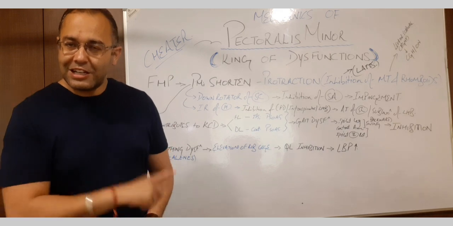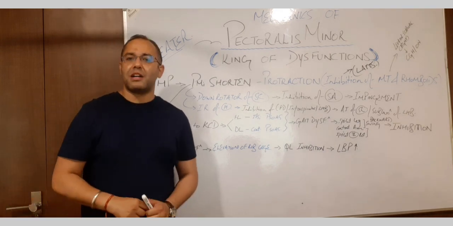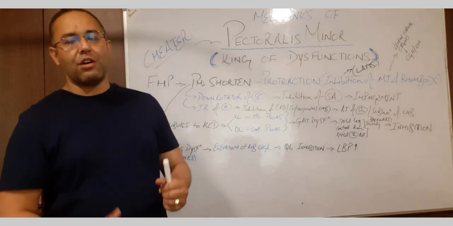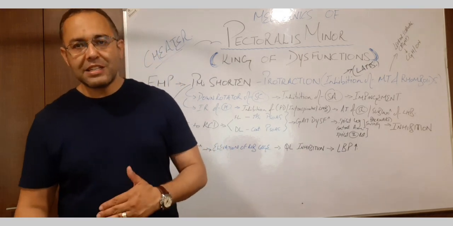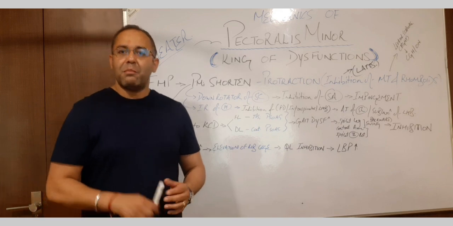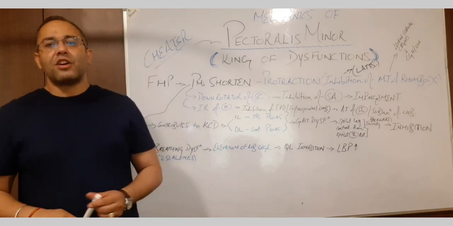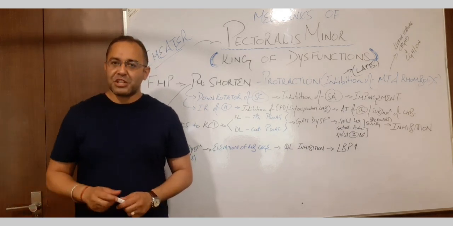If it is, release it. I am going to make another video about how to release pectoralis minor efficiently with passive release techniques and active release techniques, but this has to be taken with caution when we are seeing patients in our clinics.